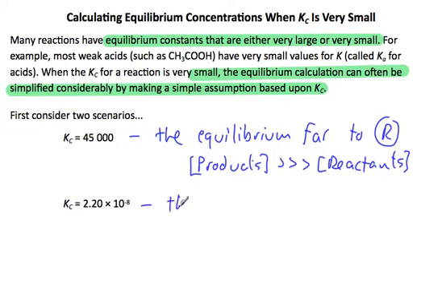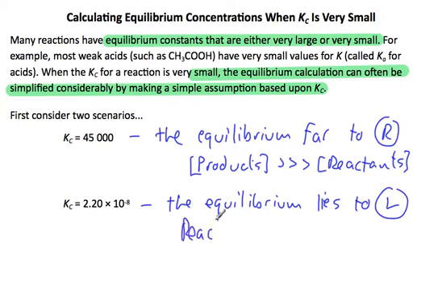So here, equilibrium lies to the left, far to the left. And the concentration of reactants is much greater than products. So those two scenarios just illustrate where the equilibrium lies, and it does indicate to you something about the concentration of reactants relative to products.